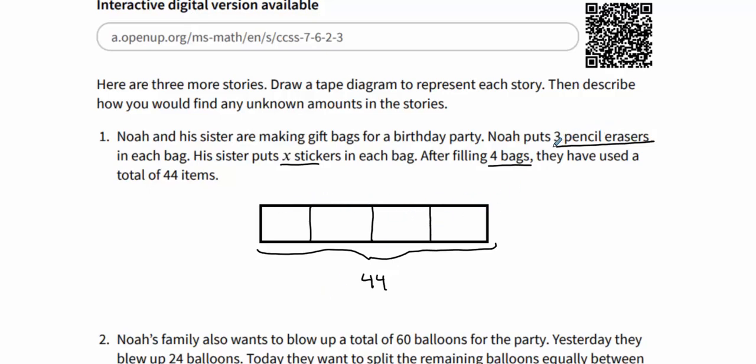So now I'm going to start with what we know Noah puts in: 3 pencil erasers in each bag. And his sister puts X stickers in each bag, so she adds some items. She adds an X number of stickers.